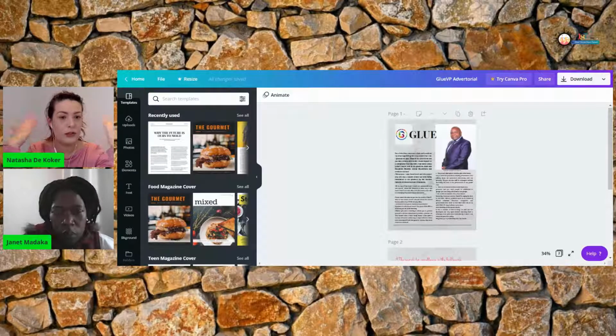You can do from shoulders to your head, or from the waist up for the gentlemen. I wouldn't advise a full length photo, because it makes you smaller, as we are limited in space on the page. So I would advise from the waist upwards or from your shoulders upwards. That would be a great picture.